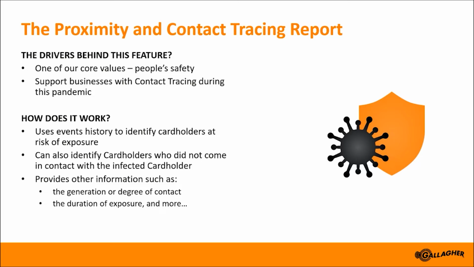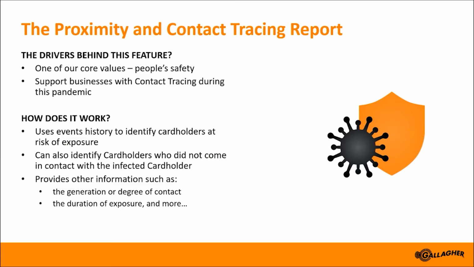As shown in the video, you can use this feature to identify those cardholders who might be at risk of infection. Once the cardholders have been identified, you can then proactively communicate with those cardholders and notify them of the exposure so that they can take the right steps for their well-being. The report also identifies those cardholders who did not come in contact with the infected cardholder.